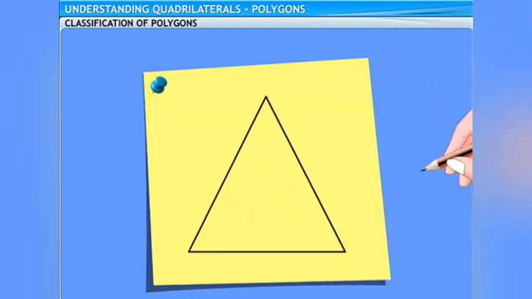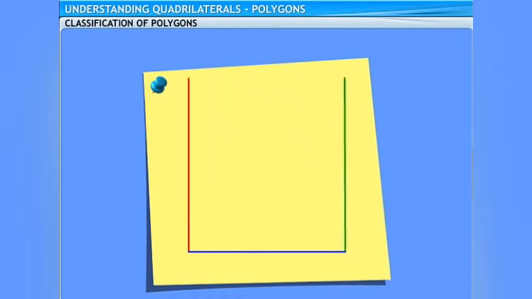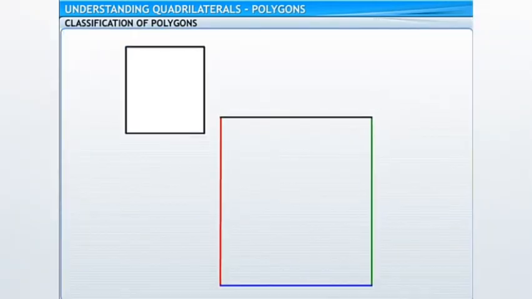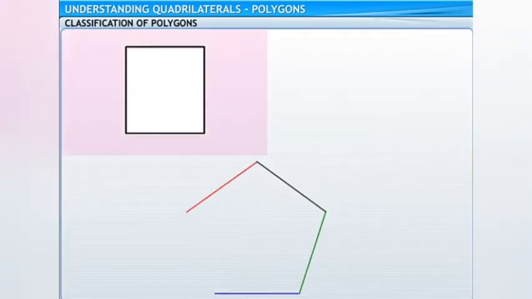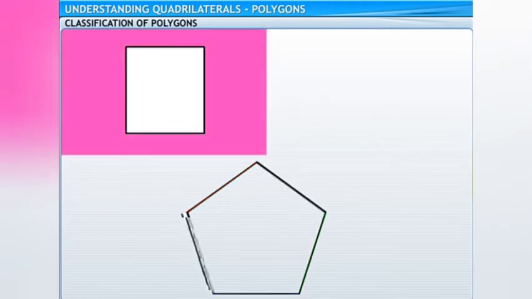Let's start with a simple polygon, a triangle. A triangle has 3 sides and thus is a 3-sided polygon. If we cut the triangle at one vertex and add a side, it will become a 4-sided polygon, which is called a quadrilateral. Again, if we cut the quadrilateral at one vertex and add another side, it is a polygon of 5 sides, which is generally called a pentagon.